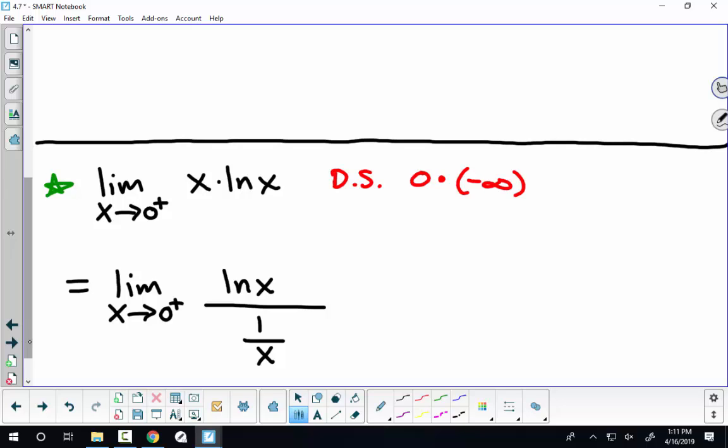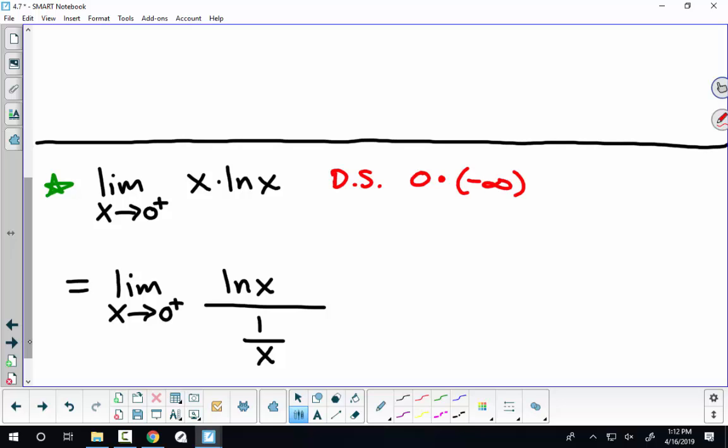Notice that we have not applied L'Hopital's rule at all so far. We're going to check that this quotient is either infinity over infinity or 0 over 0 before we apply L'Hopital's rule. Remember, it has to be one or the other before you apply it.